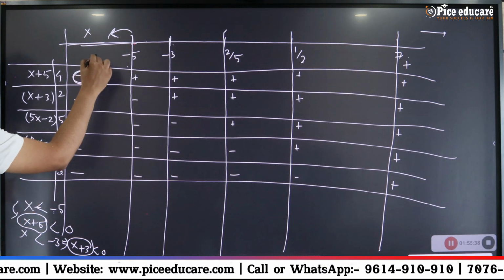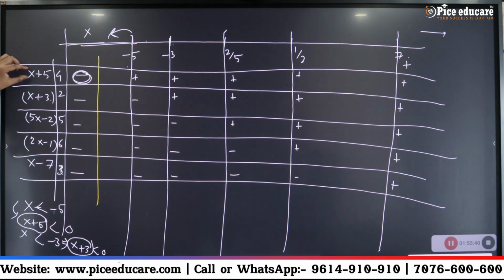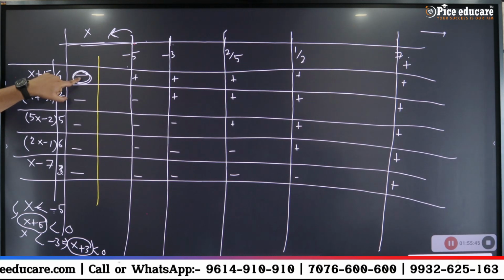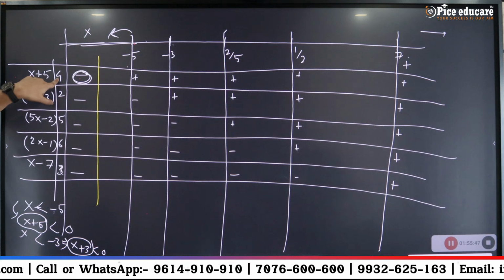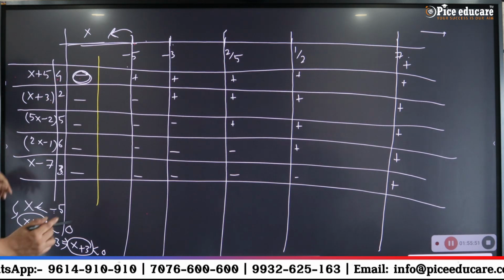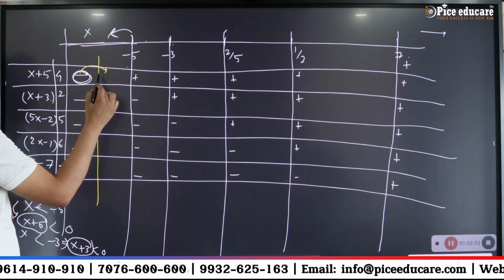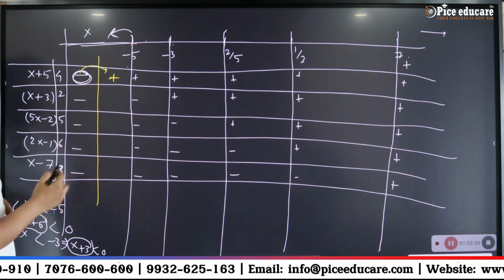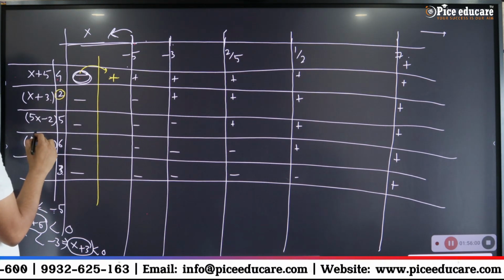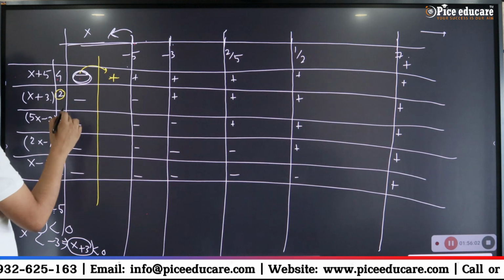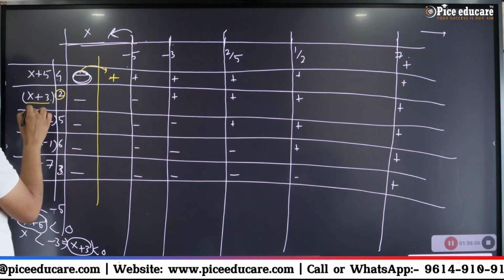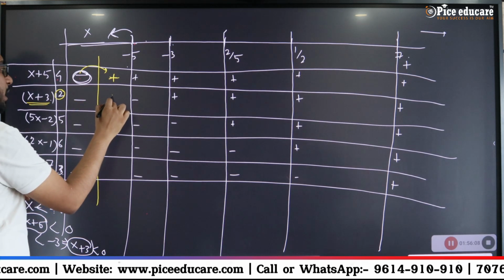Why? Because as you know, this expression is negative here, but as 4 is an even number, this negative sign will eventually become positive. Here you have 2, again an even number. So if I take some negative quantity and I have a power of 2 over x plus 3, it will also become positive.